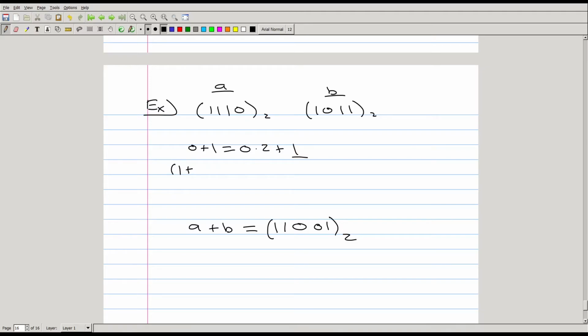So 1 plus 1 plus 0 is equal to 2, which is 1 times 2 plus 0. And the next two digits are 1 and 0. So 1 plus 0 plus the quotient term here, which is a 1, is equal to 2. That's 1 times 2 plus 0.